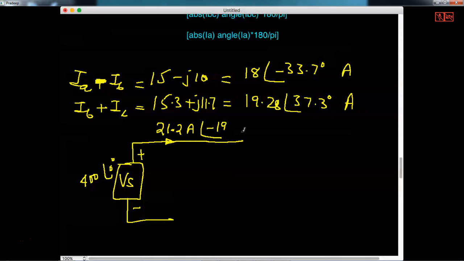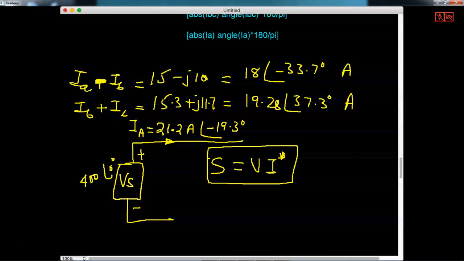So the values are S equal to 400 angle 0 degrees multiplied by 21.2 angle minus 19.3 degrees.